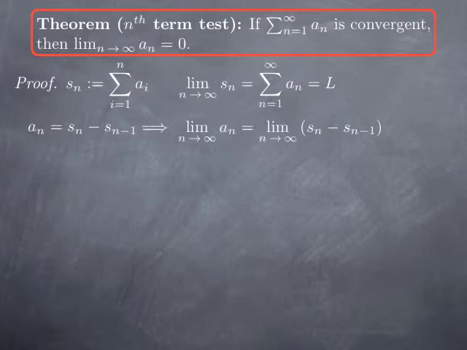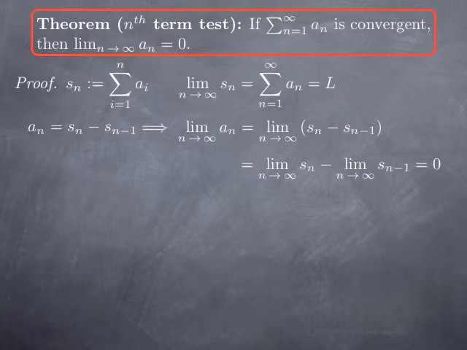But since the sequence S_n is convergent, then S_n and S_(n-1) are two sequences that are convergent to the same limit. And then the limit of a difference is the difference of the limits. So I obtain the limit of S_n minus the limit of S_(n-1), and of course both sequences have limit L, so the difference is 0, and that means the limit of a_n is 0.